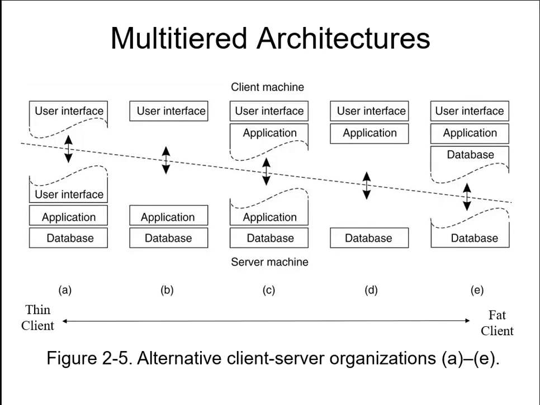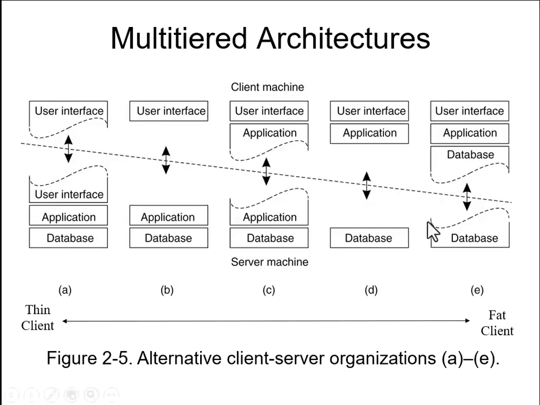So the figure on the left side is an example of thin clients. We have more processing layers here, so most of the processing layers are on the server side in thin clients.